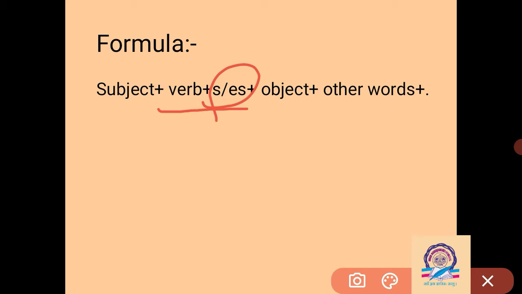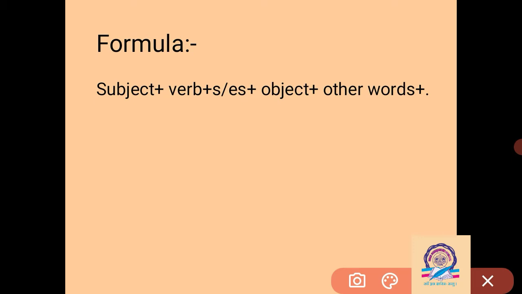Then the third position is the object, then the fourth position is other words, and at the end of the sentence we have to put a full stop. So subject means noun or pronoun, then verb, then object and other words. But the verb is most important here, because whatever changes occur, we have to make them in the verb. How is the verb changed?